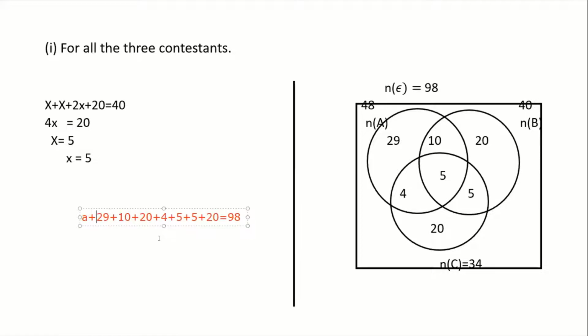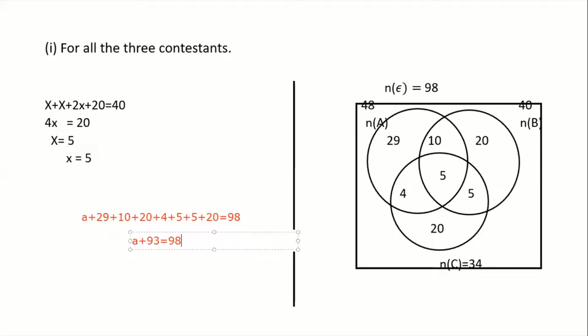That is 20 plus 29 plus 10 plus 4 plus 5 plus 5 plus 20, giving us 93. So A plus 93 is giving us 98.